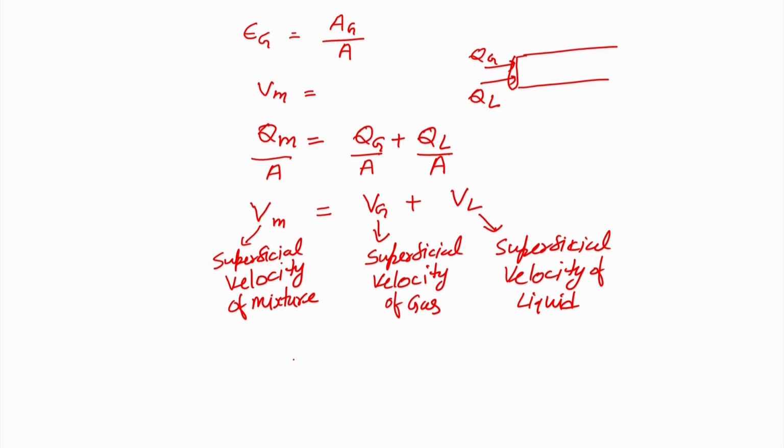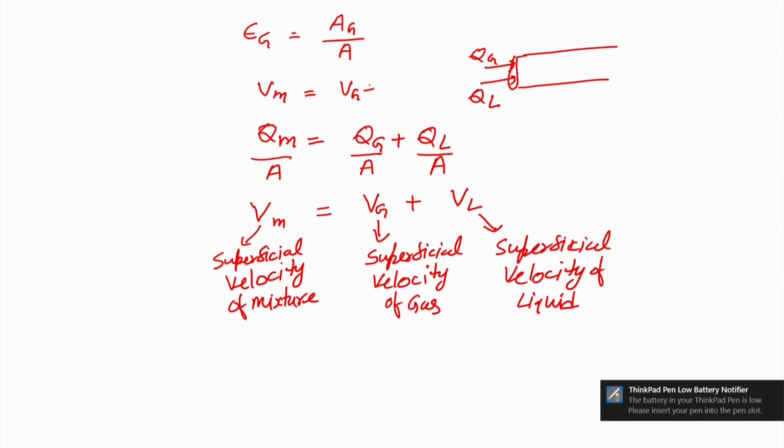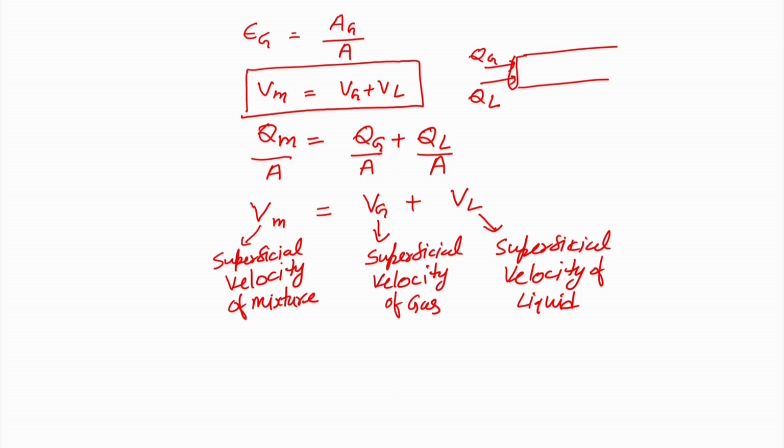So, it means we have found the correlation for Vm. Vm is nothing but Vg plus VL. If we know the volumetric flow rate of the gas flowing inside the pipeline, and the volumetric flow rate of the liquid, I can find out the mixture velocity, and the mixture density I can find out if we know Ag upon Al.